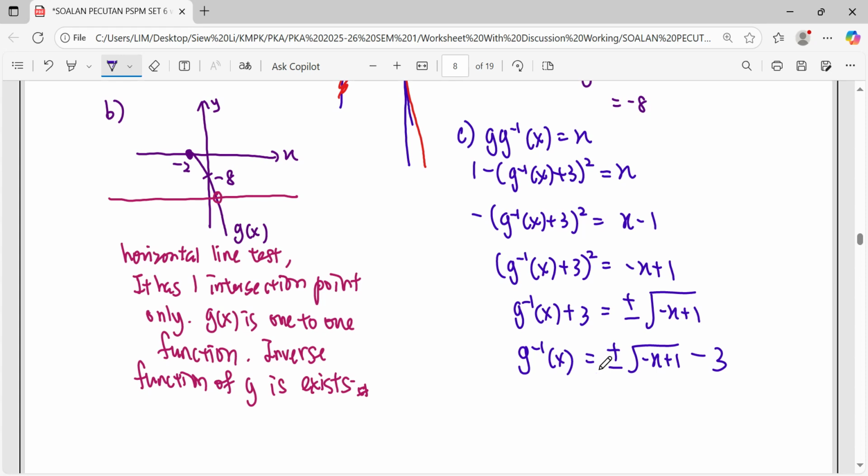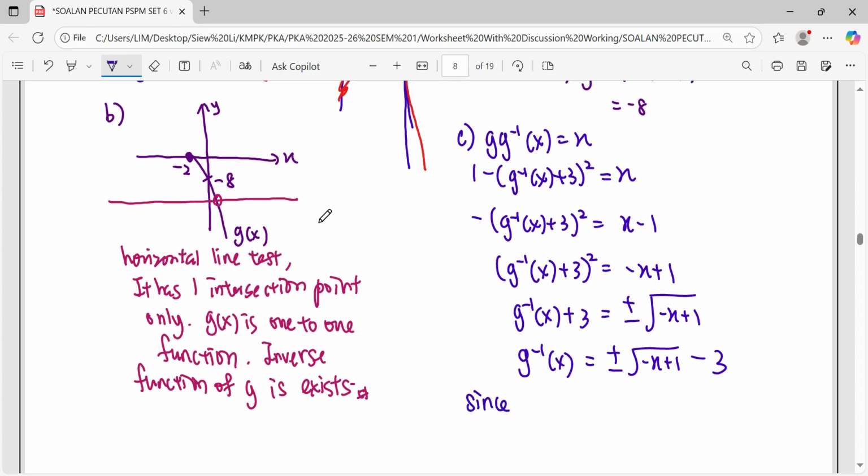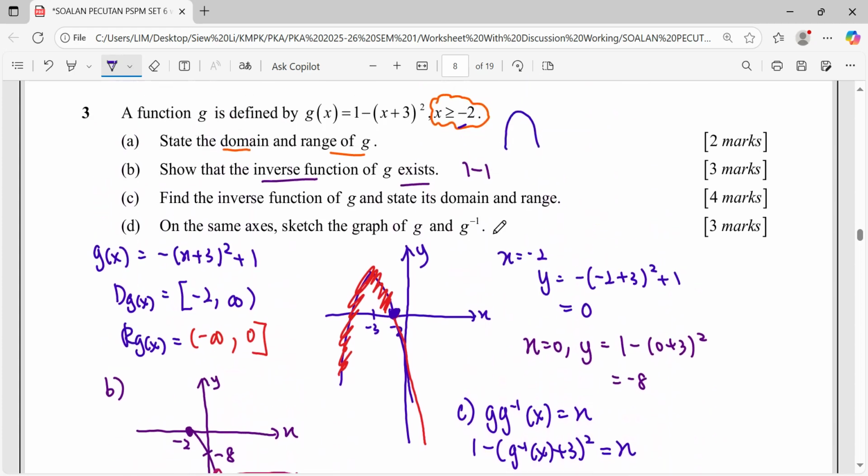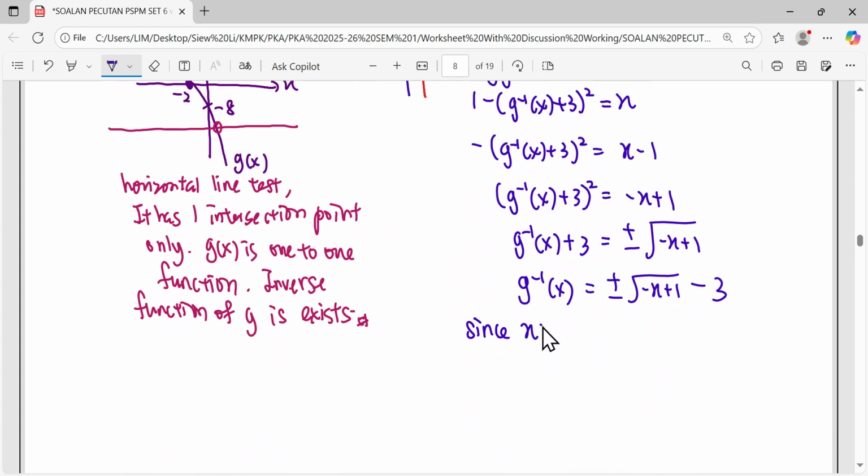So you are taking which part? You're only taking one part to be the inverse, right? So we say since what? Since dia punya domain lah, sebab dia dah cut. Since dia punya domain is x more than or equal to negative 2 only, your g inverse is taking positive part or negative part? Positive part, so positive side. The right side.